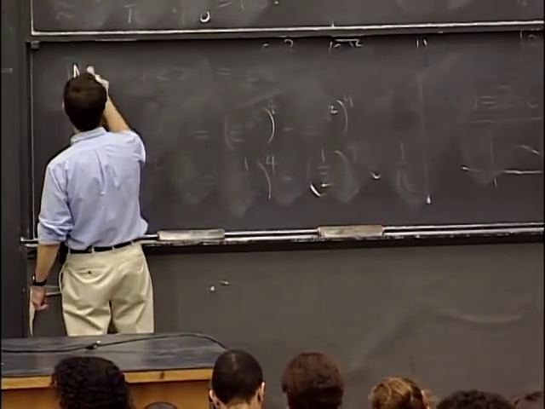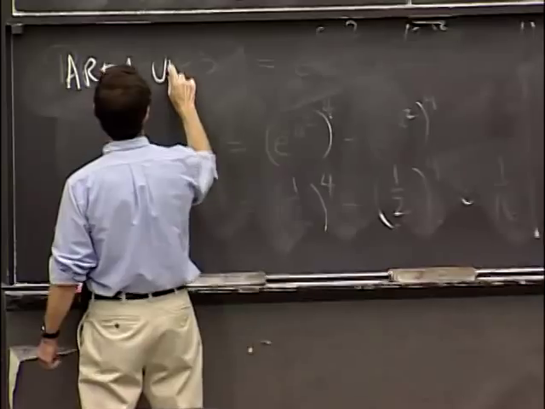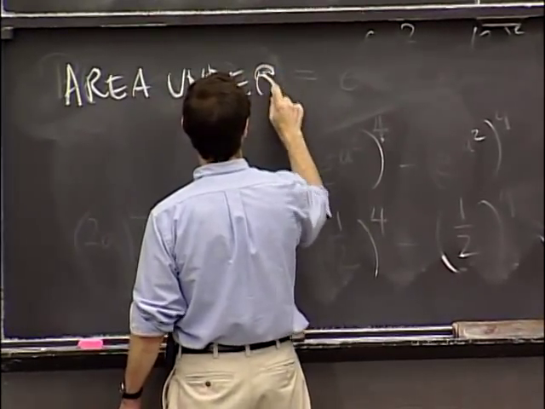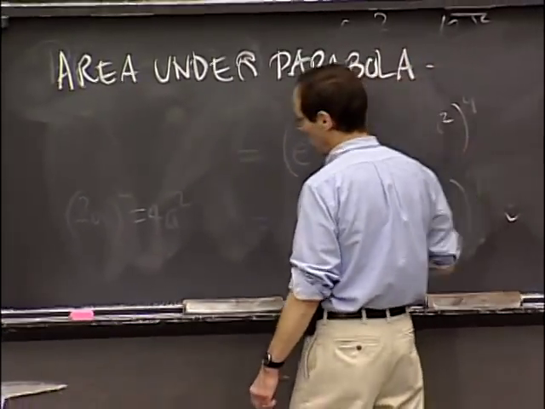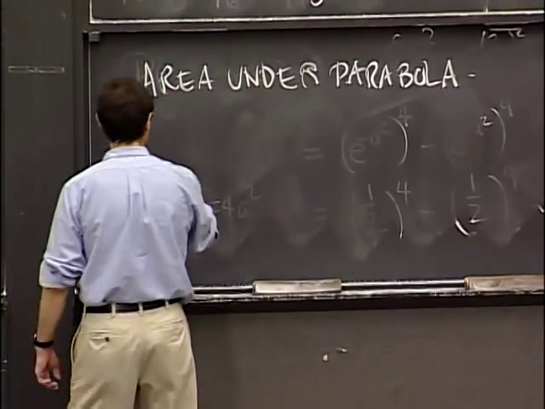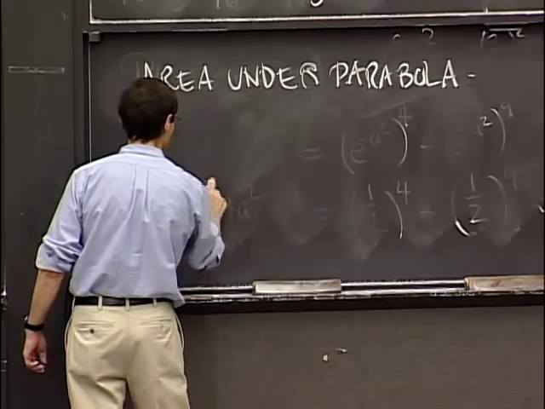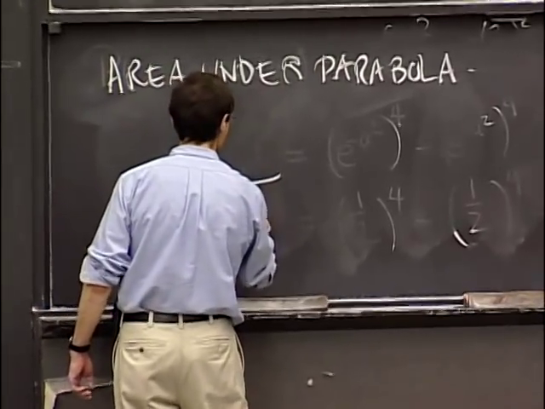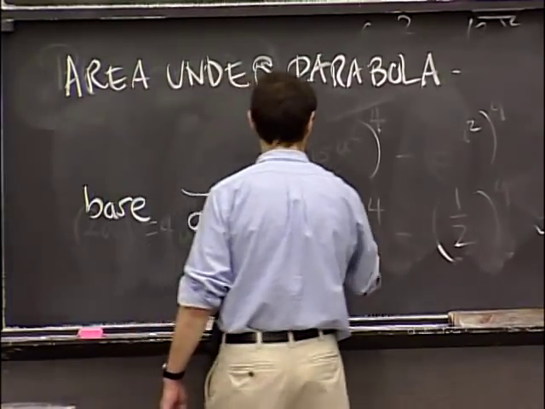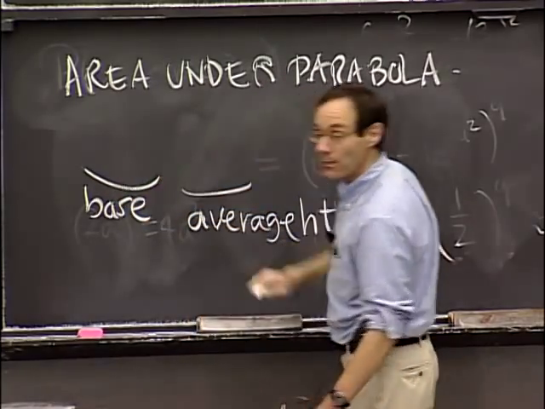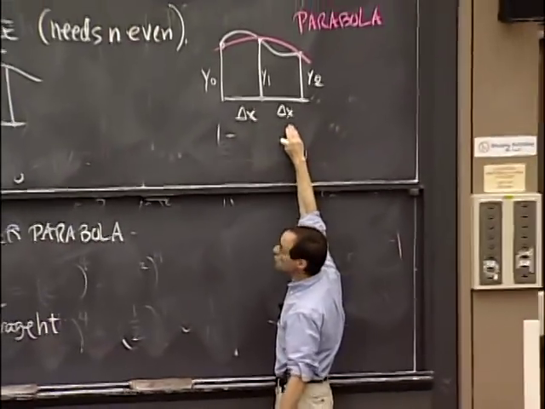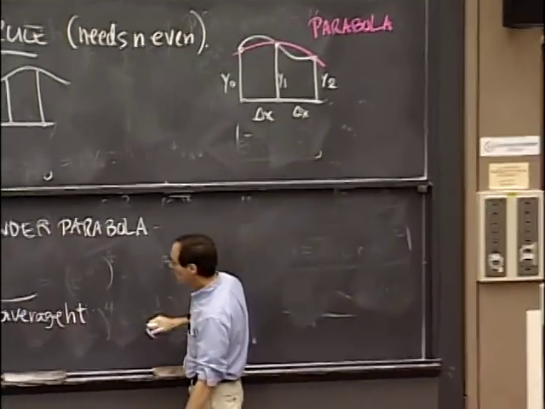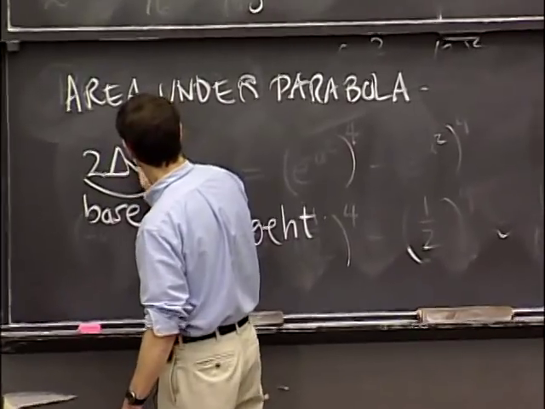So the area under the parabola is going to be a base times some kind of average height. And the base here, you can already see, is 2 delta x.